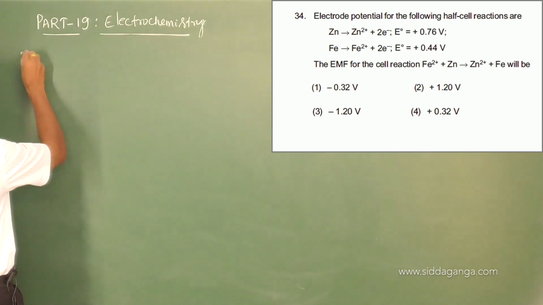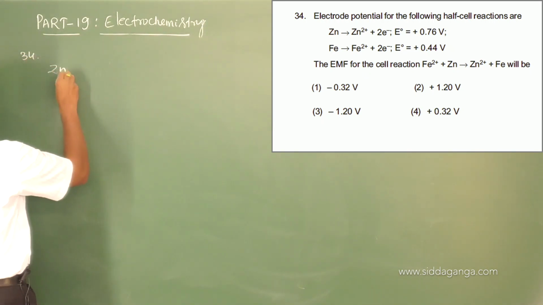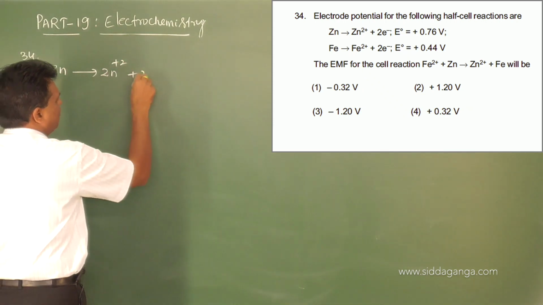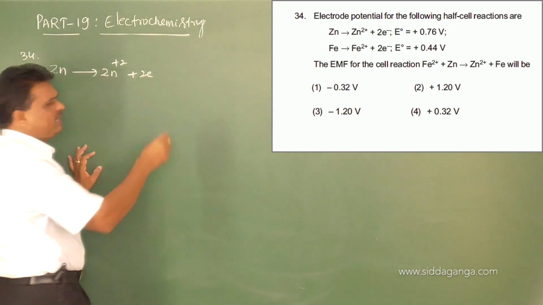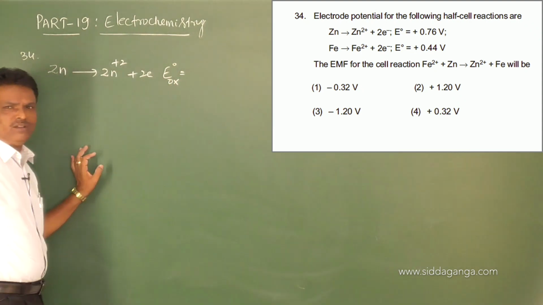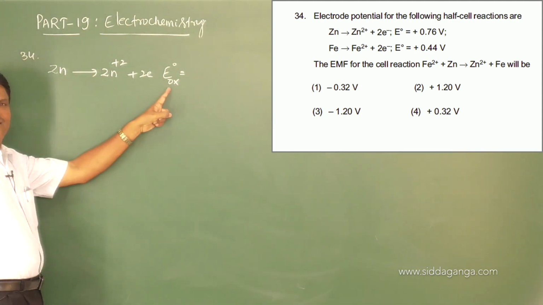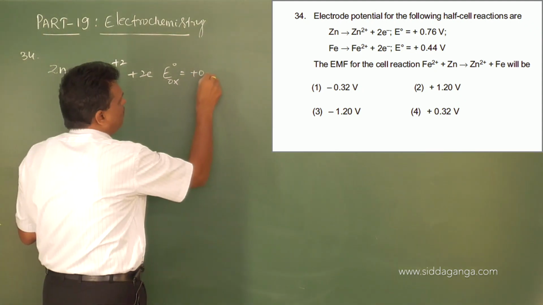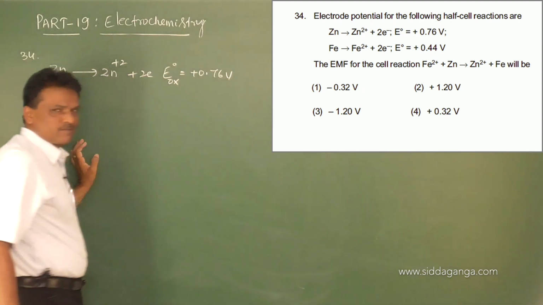Question number 34. Zinc is oxidized to Zn plus 2 plus 2 electrons. So E naught oxidation potential is given here, it is equal to plus 0.76 volts.